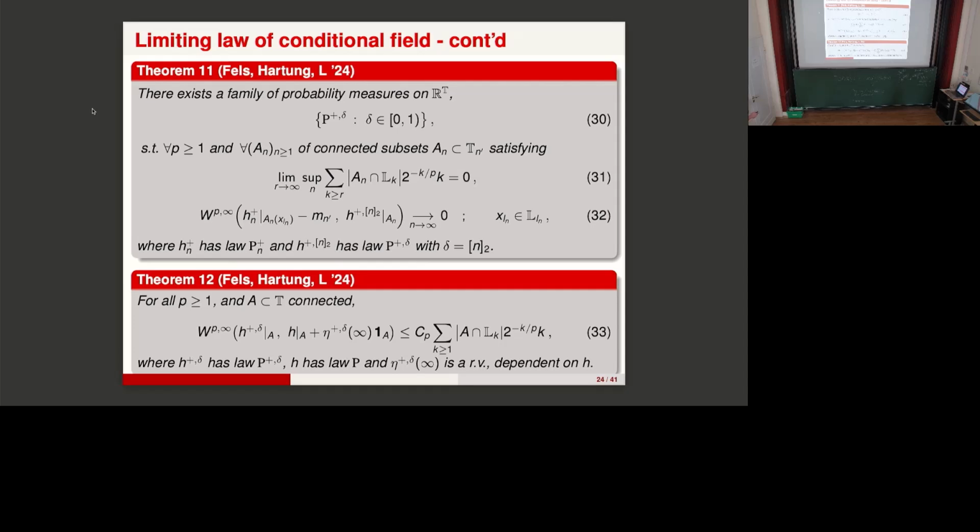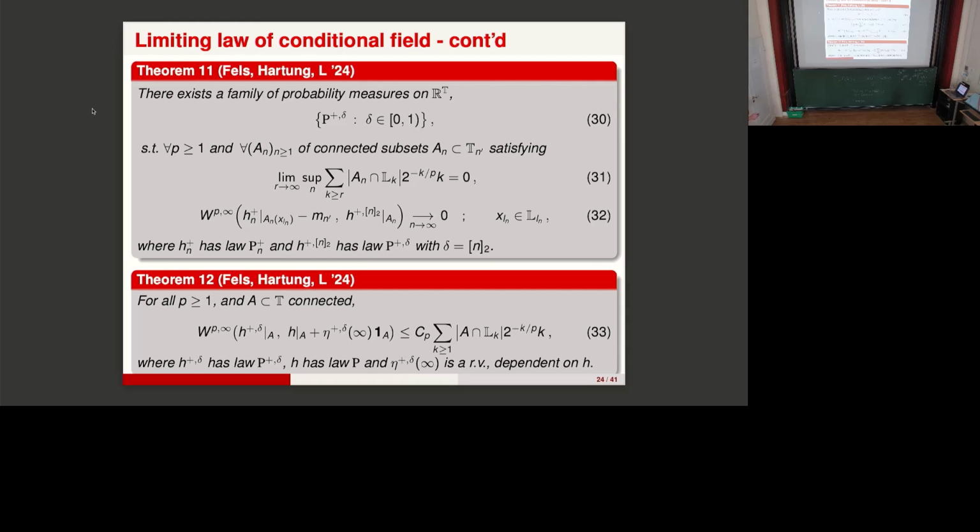So if you evaluate the field condition to be positive on a subset A_n that starts from one vertex at generation L_n, after centering, of course, then the Wasserstein p infinity distance between this and a field that has this law on A_n goes to 0.